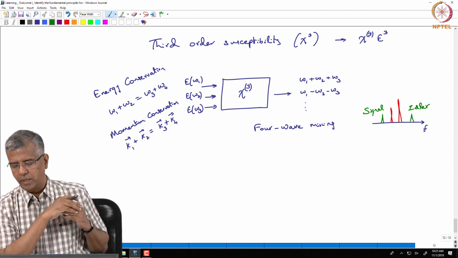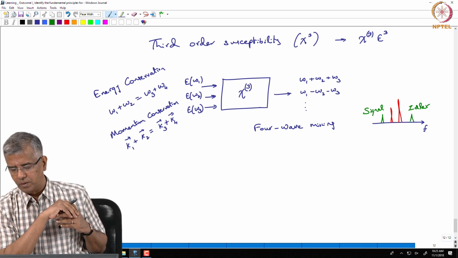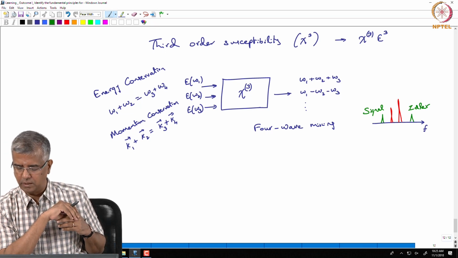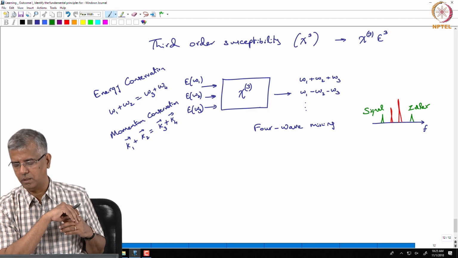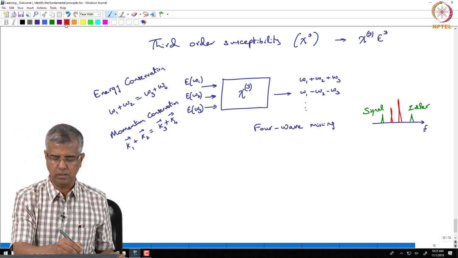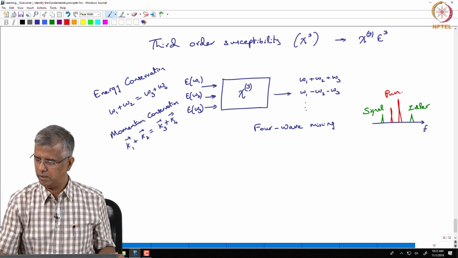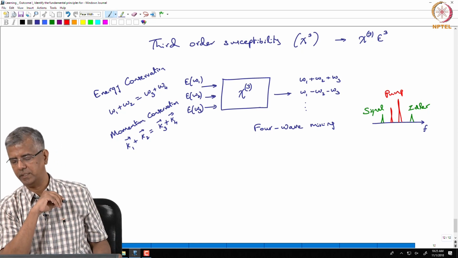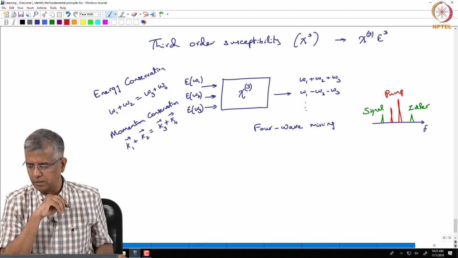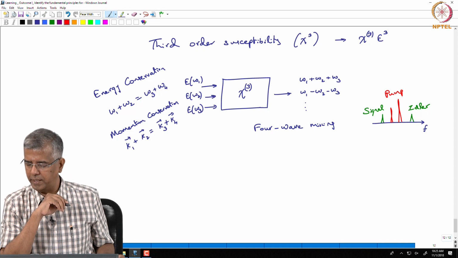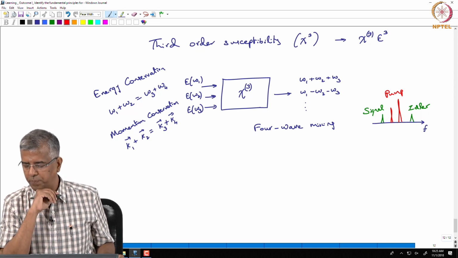So you could have processes like this happening. In this case, these are essentially the pump. These are the excitation frequencies, and the signal and the idler are the byproducts of that.